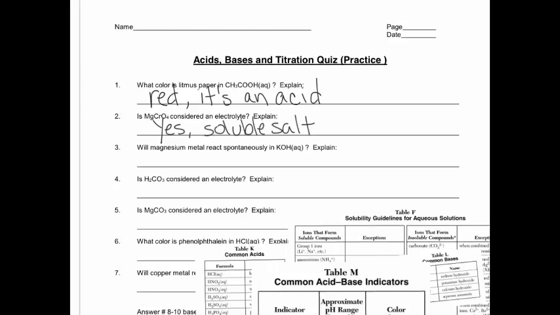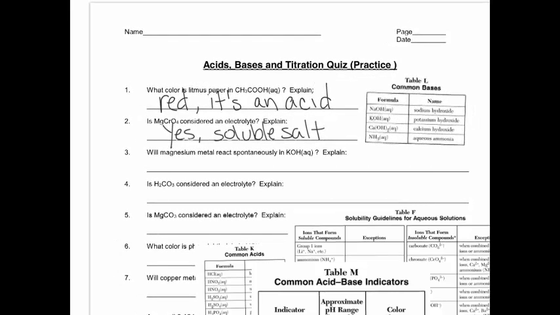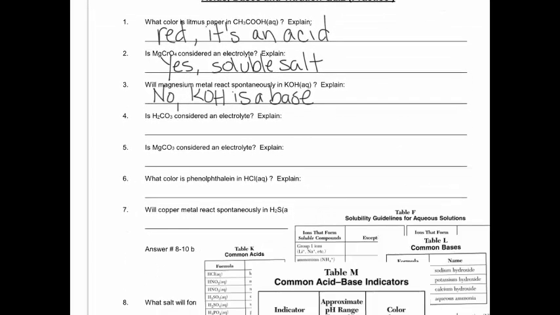And if you need confirmation of that, you will find it in the common bases table. It is right here, KOH. It's actually one of our stronger bases. So this is going to be a no, and our reasoning would be that KOH is a base. Most metals react in acids.